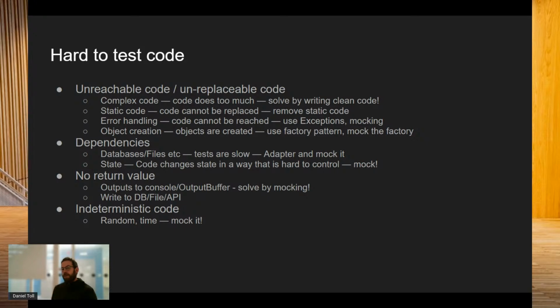And I've found in my code a number of different ways this can happen. So I can have complex code that really does too much. It's so intertwined with other kind of code, so-called spaghetti code. So that makes it hard. We can also have static code. So we cannot really replace a difficult dependency.